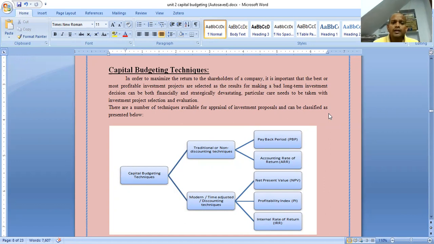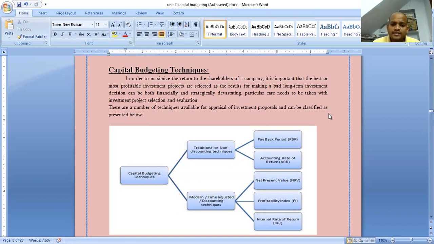There are a number of techniques available for appraisal of investment proposals. These are classified into two types. First one, traditional, and the second one is modern techniques. In the traditional techniques, popular techniques are the payback period method and accounting rate of return.